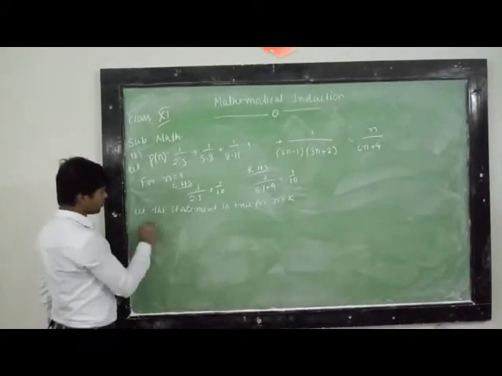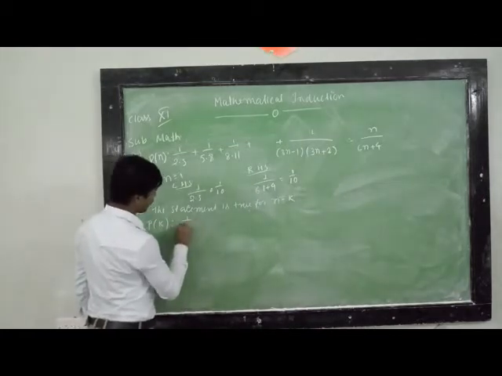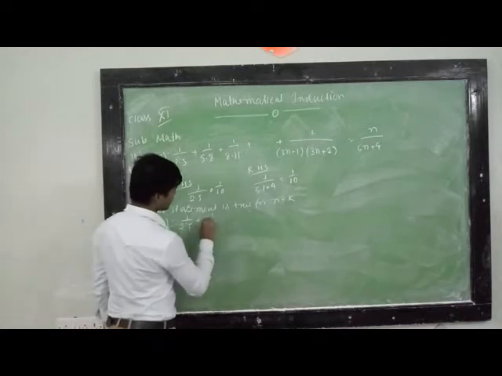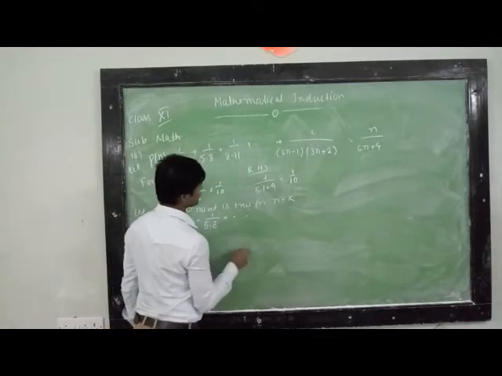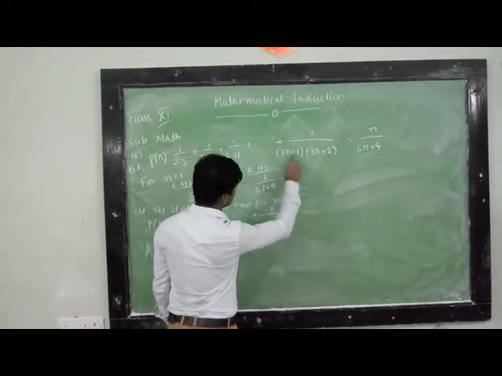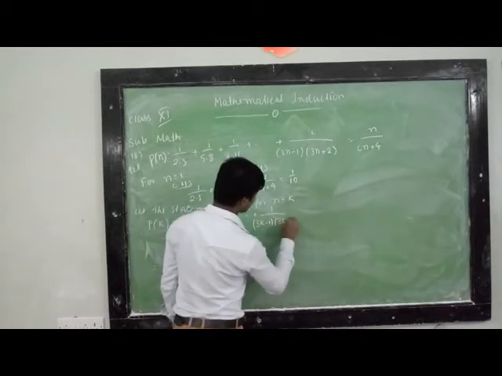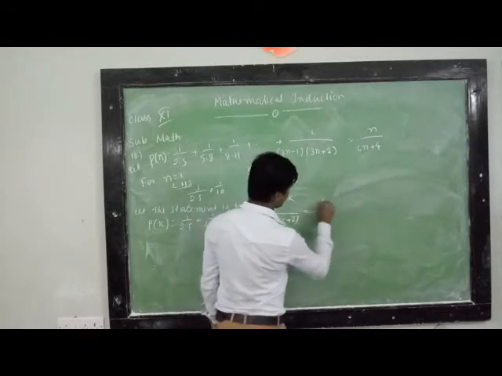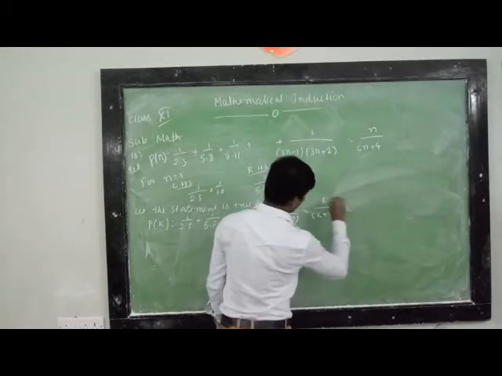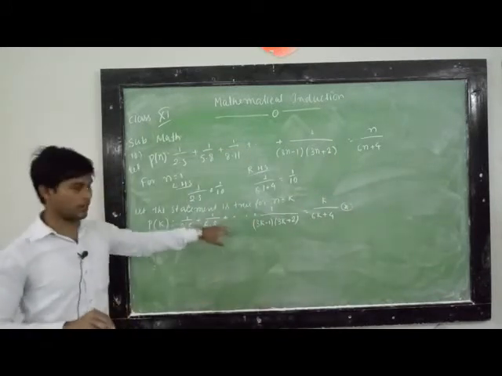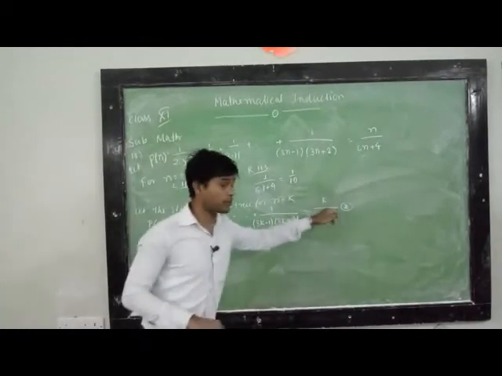So as the statement is true for n equal to k, that means P of k can be written in the form 1 by 2 into 5 plus 1 by 5 into 8 plus dot dot dot plus 1 by (3k minus 1) into (3k plus 2), which is equal to k by (6k plus 4). Okay, later on we'll use this line. This is the key line. We use this condition later, so that's why I gave a star mark here.